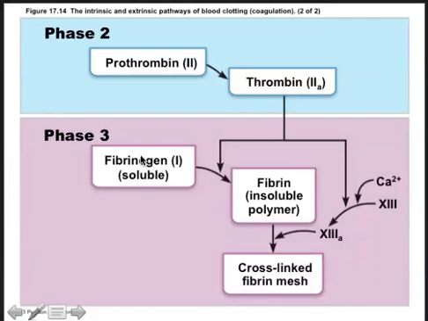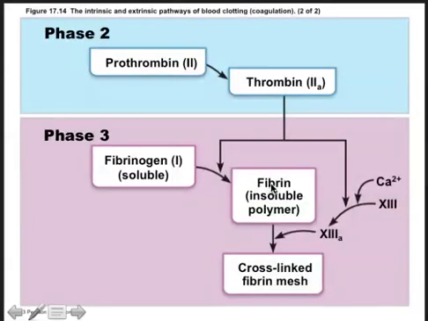It's soluble in plasma. But once thrombin acts on it, it cleaves particular covalent bonds in the fibrinogen, and now this becomes an insoluble protein that is capable of trapping cells as they pass by, and it also, all by itself, is an insoluble polymer.